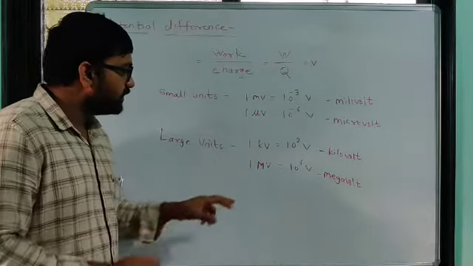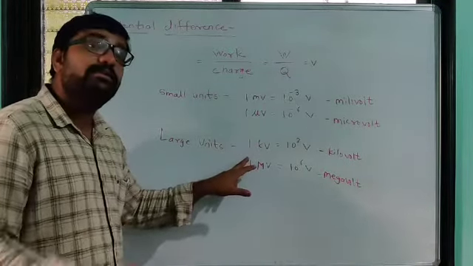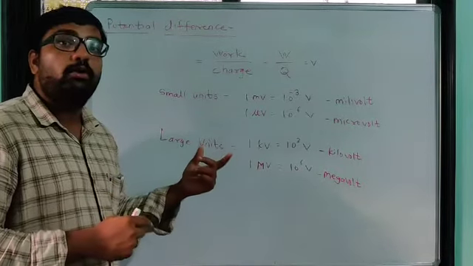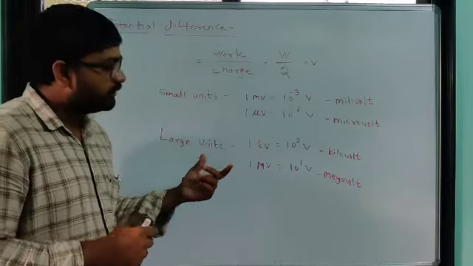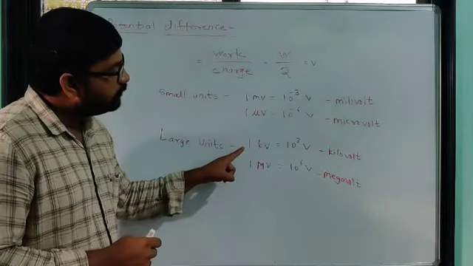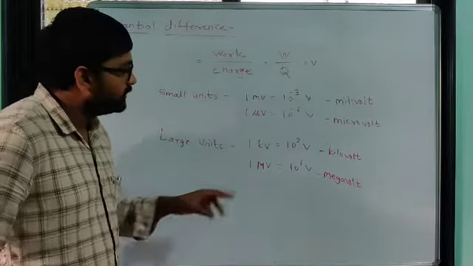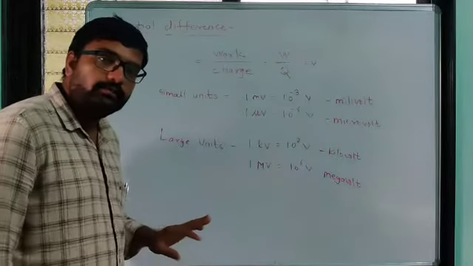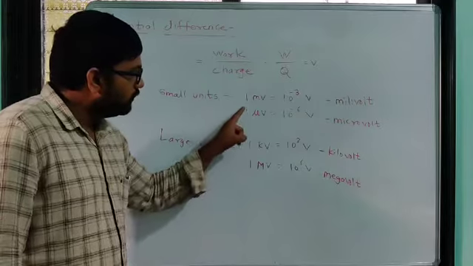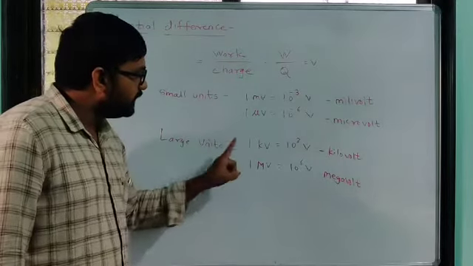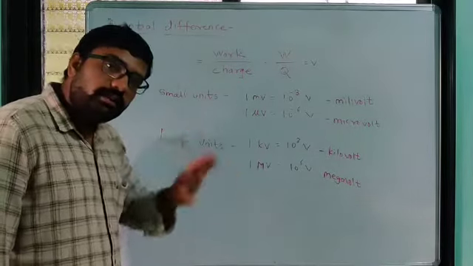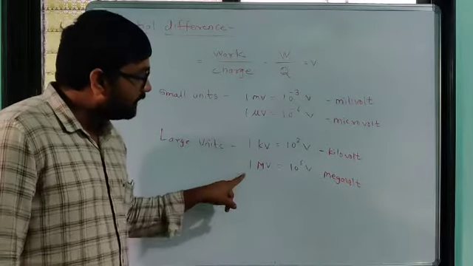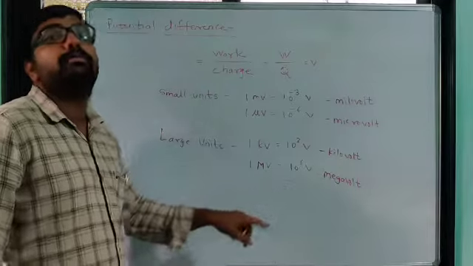Generally these units are used in substations, for example 220 kilovolt. So 1 kilovolt is equal to 10 raised to 3 volt. Milli means 10 raised to minus 3, kilo means 10 raised to plus 3, micro means 10 raised to minus 6, and mega means 10 raised to plus 6.